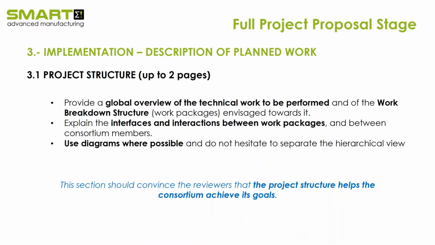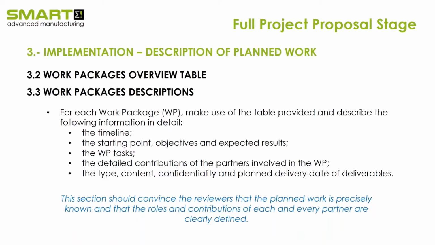So it's good to use diagrams, like PERT diagrams, to show how the inputs and outputs from each work package interact with each other. Try to provide these structure diagrams, which help the evaluators see that everything fits in the right way.